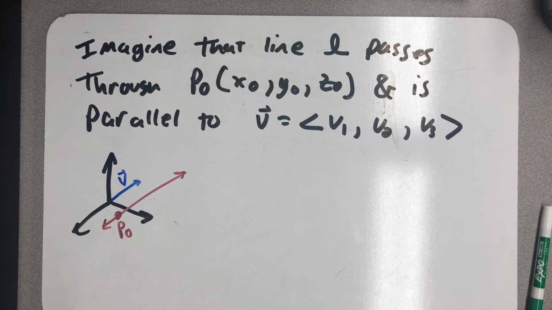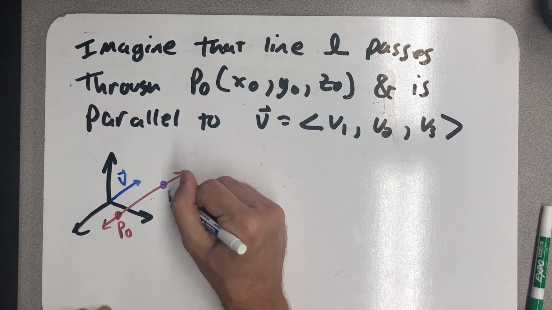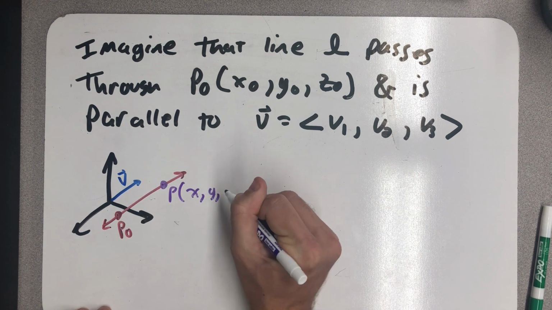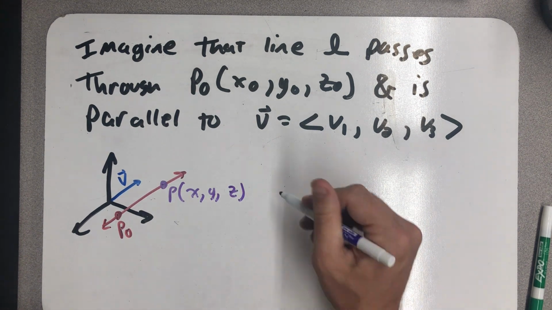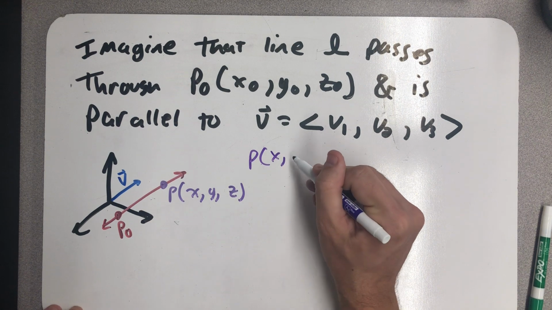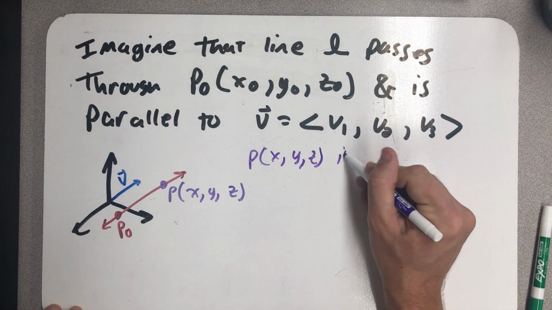All right, let's imagine some other point on the line called P. And P can just be x, y, z, representing any arbitrary point on the line. So the point P is any point on the line.